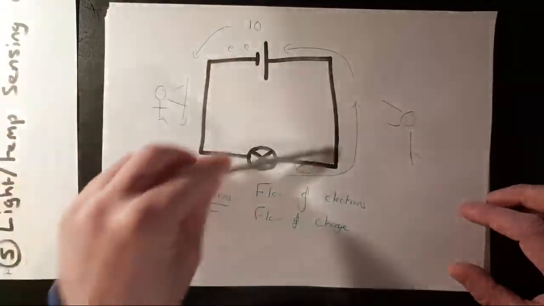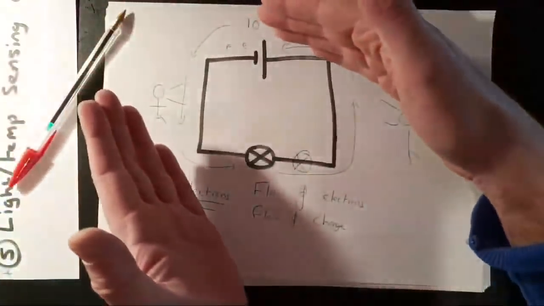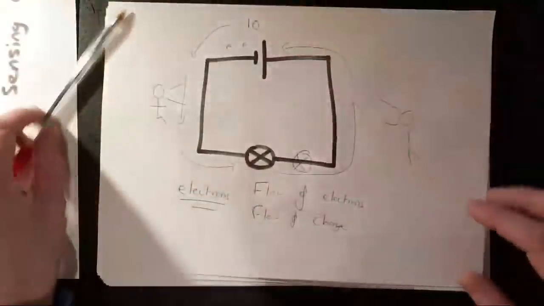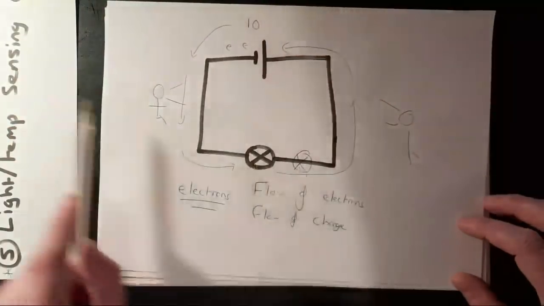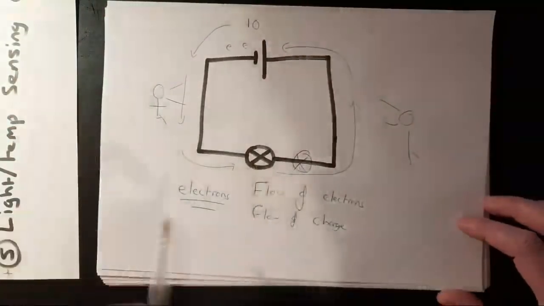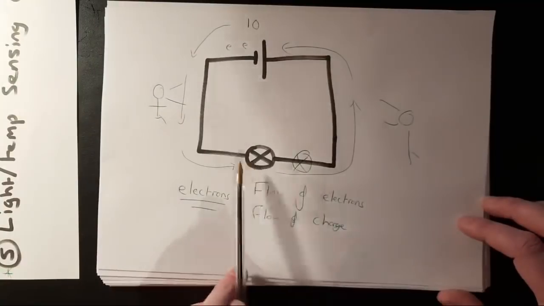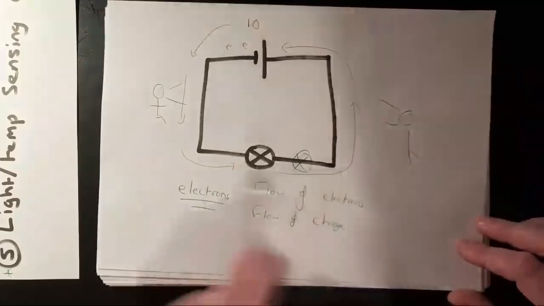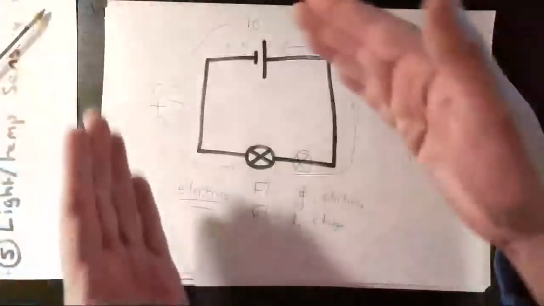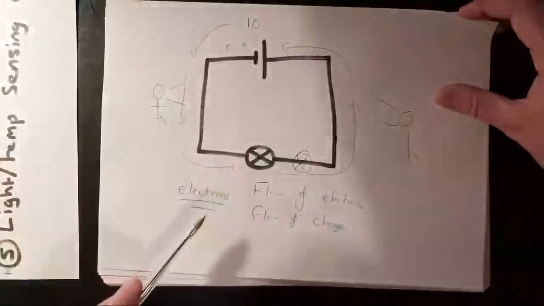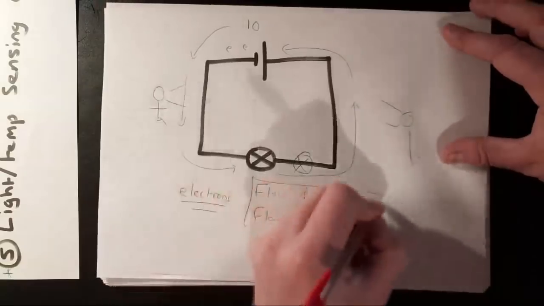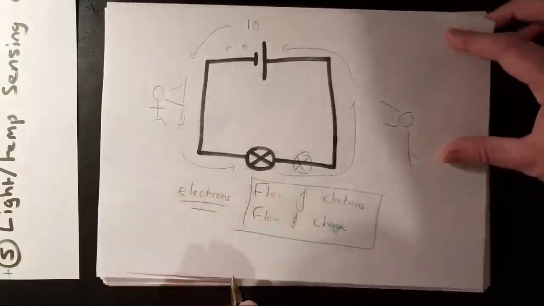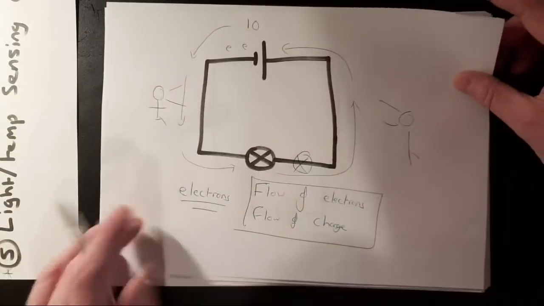So if this was filled with water, all the water would move at the same time. So there is no first, there's no second. A lot of people get confused about, well, why hasn't this bulb used up all the current? How do the electrons know to save some voltage, etc.? They do all move together like water in a pipe. But this is a good analogy to start with. So your first definition is the flow of electrons or the flow of charge.